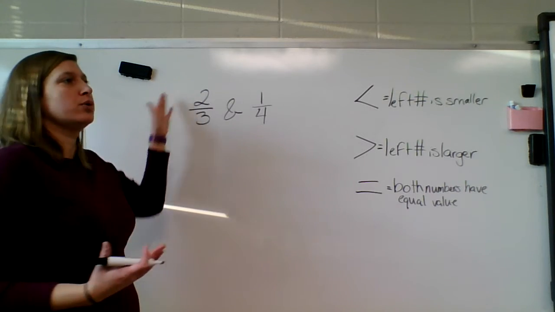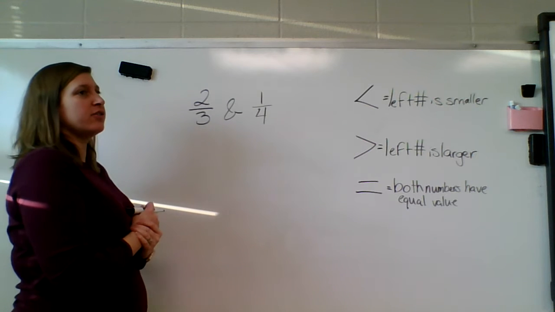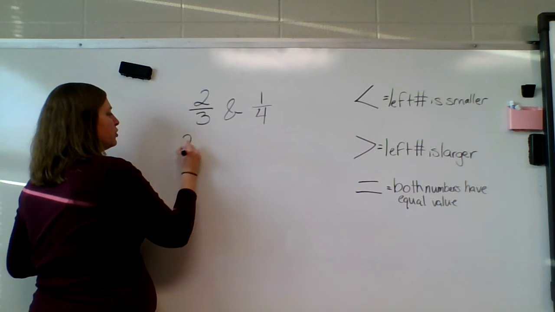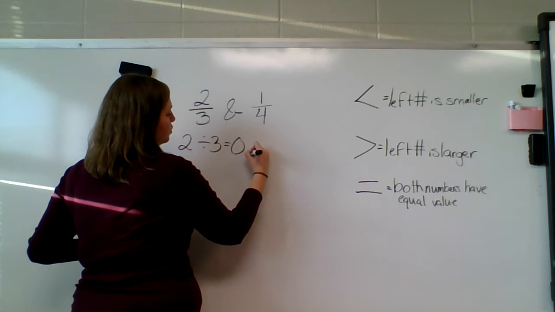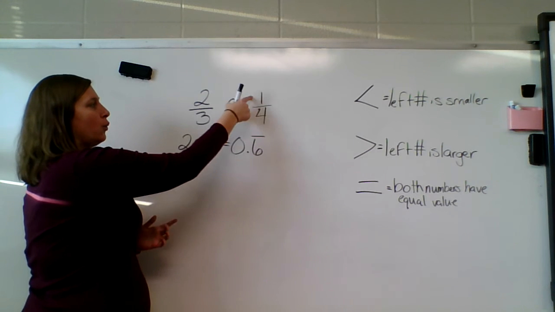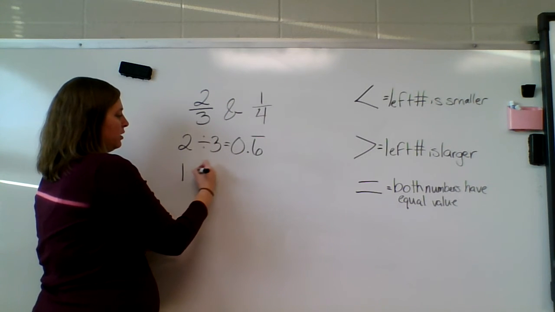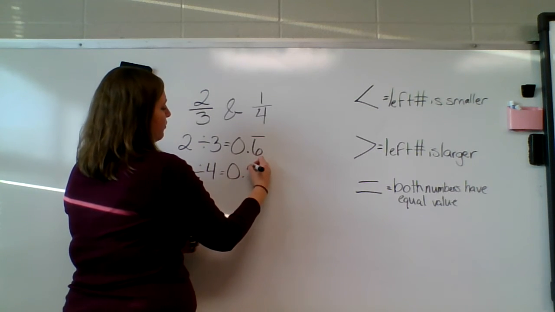So I'm going to turn 2/3 into a decimal. A fraction is nothing but a division problem in disguise. So 2 divided by 3, and that is equal to 6/10 repeated. 1/4, 1 divided by 4 is 25/100.